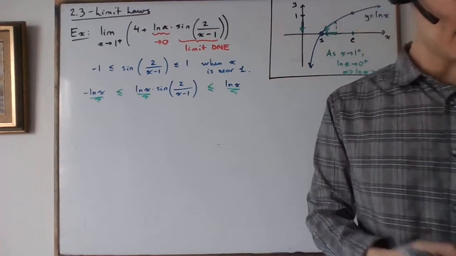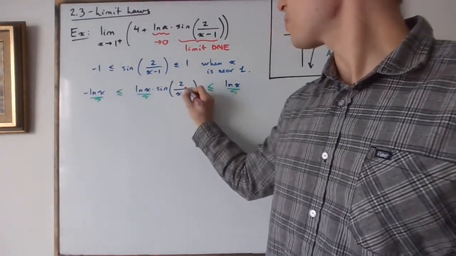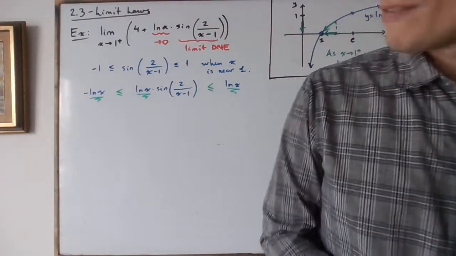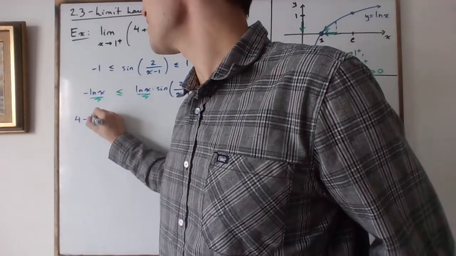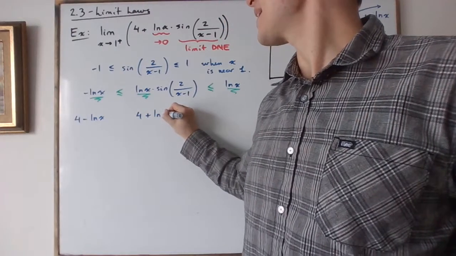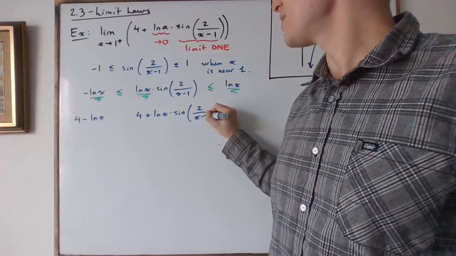So what are you going to get? You need to imagine that you do plus 4, plus 4, plus 4. On this side, you're going to get 4 minus ln of x. Here you're going to have 4 plus ln x times sine of 2 over x minus 1.